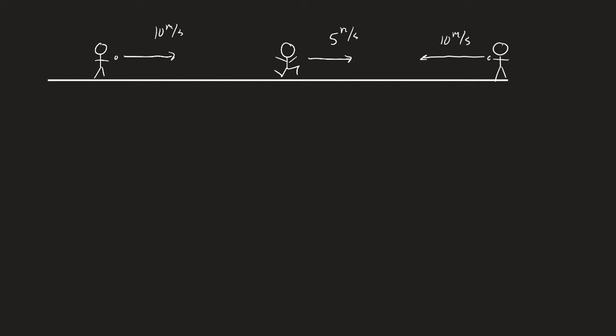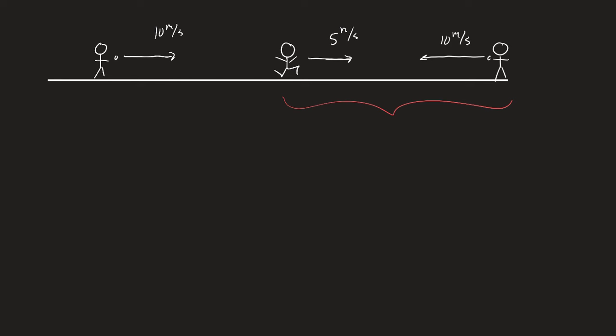So in the case of this problem, when I look at what's happening between these two people, if you were just standing still, the ball would be moving at 10 meters per second, and it's clear that the ball is moving 10 meters per second relative to the ground. But you're moving across the ground towards the ball, which is going to shorten how long it takes the ball to reach you.